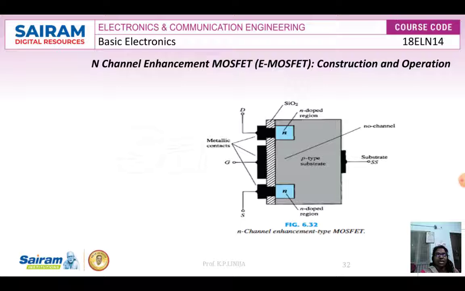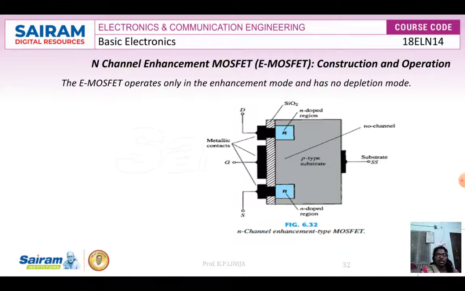The gate is also connected to a metal contact surface, but it remains insulated from the N channel by a silicon dioxide layer. If you look at this diagram closely, there is no direct electrical connection between the gate terminal and the channel of the MOSFET.